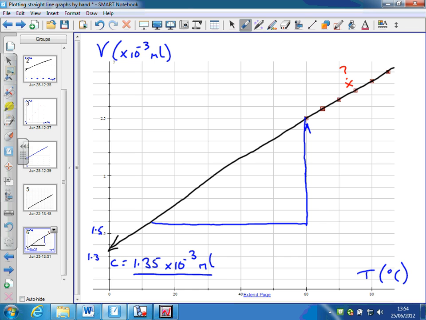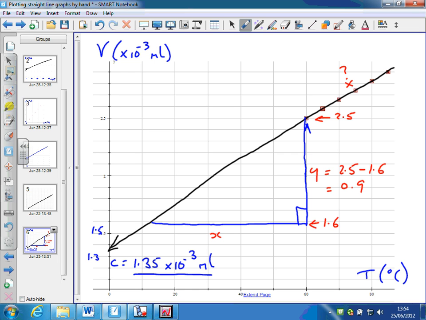So there's my right angle triangle, and now I need to find the length of this line and the length of this line. So that's taken from the data point. So this is 2.5 taken from the graph. This point here on the y-axis is 1.6. So y equals 2.5 minus 1.6, which is 0.9.